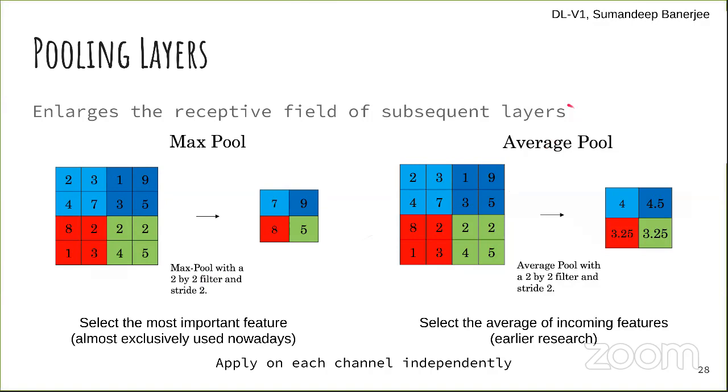What a pooling layer effectively does is enlarge the receptive field of subsequent layers. Here a 2 by 2 region in the input layer meant 2 by 2, but after we have done the max pooling, a 2 by 2 region effectively represents a 4 by 4 region from the previous layer.